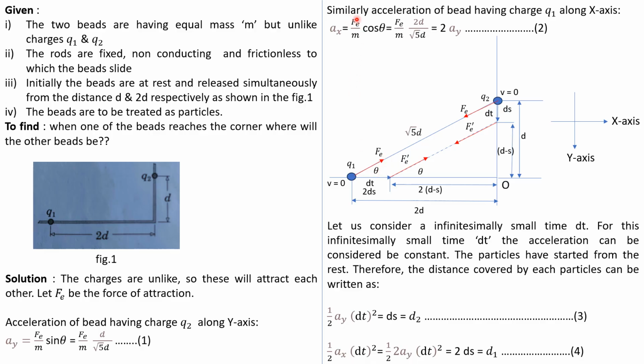So component of force in the direction of x is Fe cos theta, and we will divide that by the mass of the particle. So we will get the acceleration in the x direction. Upon putting the value and comparing with equation 1, we will come to know that acceleration of particle 1 in the x direction is 2 times the acceleration of particle 2 in the y direction.